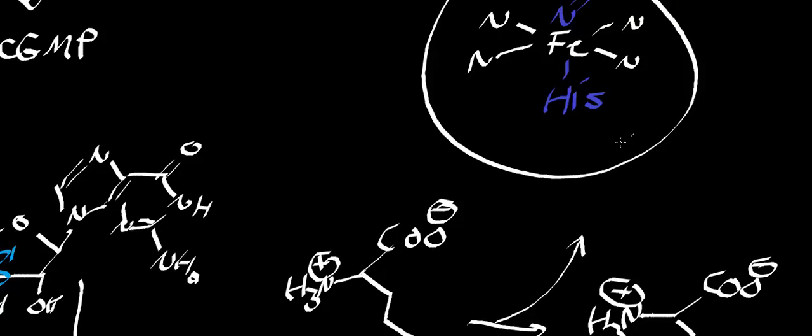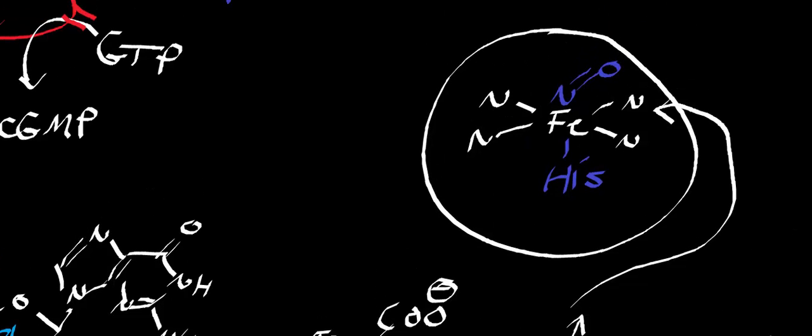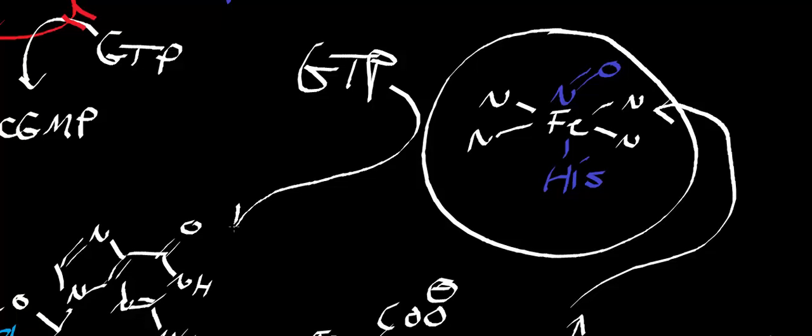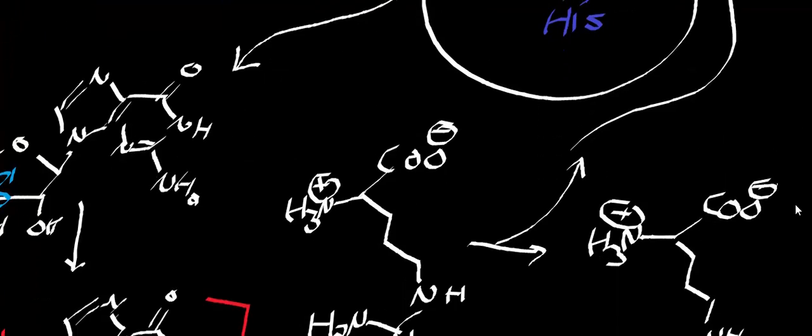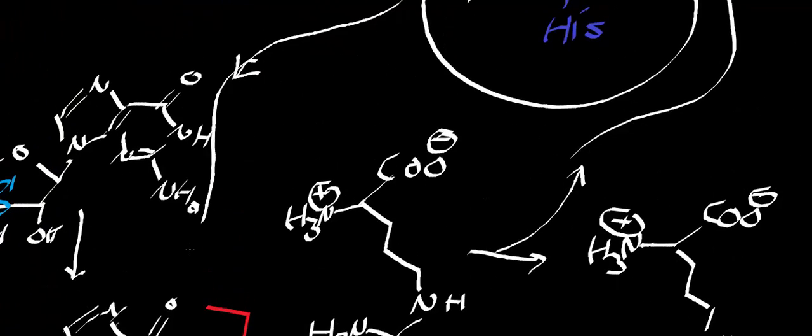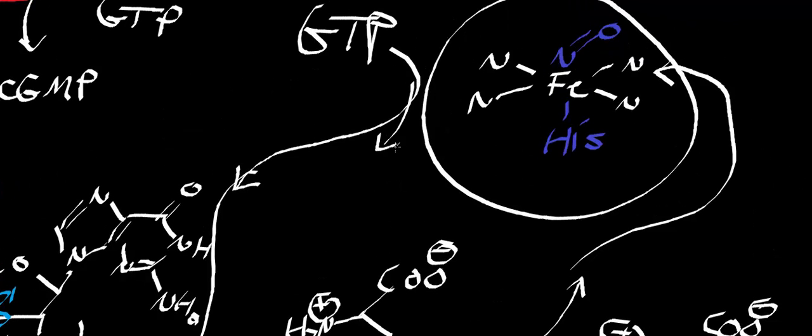So nitric oxide is going to come over here, and it's going to bind to the heme, okay? And what this does is, again, it changes the conformation of the soluble guanylate cyclase. And so you get the cyclization of GTP. So GTP comes in here, and you end up with this guy right here. Actually, it's this down here. Sorry. You end up with GMP. So the point is that GTP cyclizes to cyclic GMP.